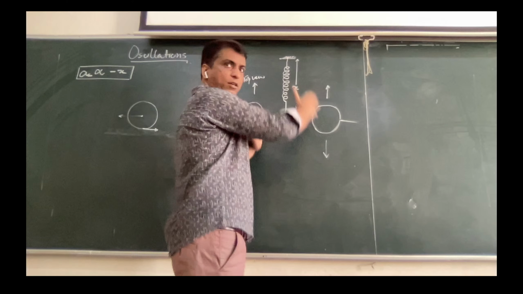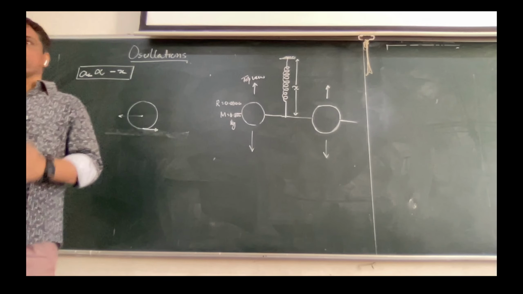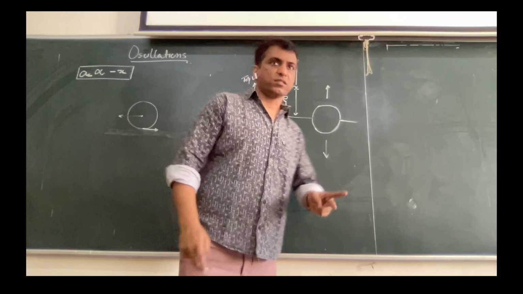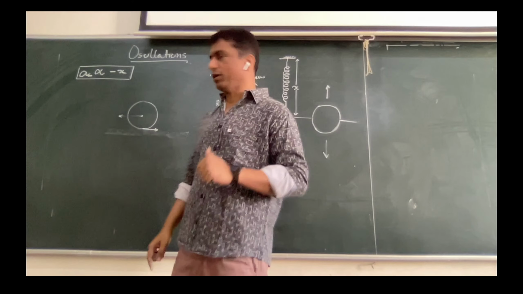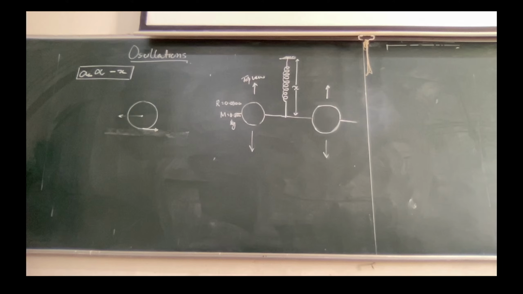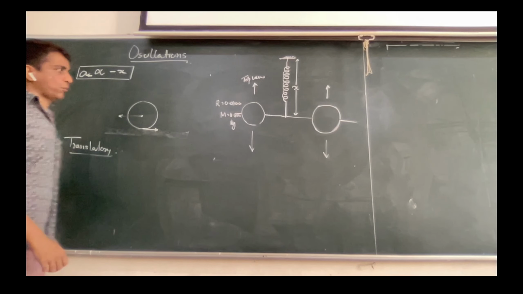So there is a translatory motion of the system. And also spheres are rolling. So there is a rolling motion of the system. System has two kinds of motion over here. Okay. We need to look into both kinds of motion. So first, translatory, and then rotary.